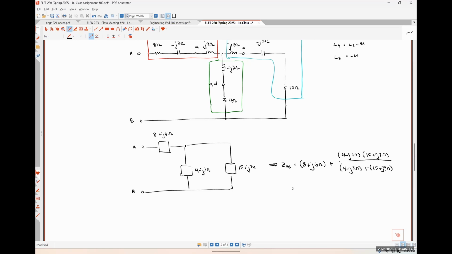And so if we put this into our calculator, 8 plus 6i, and then 4 minus 3i, 15 plus 7i.